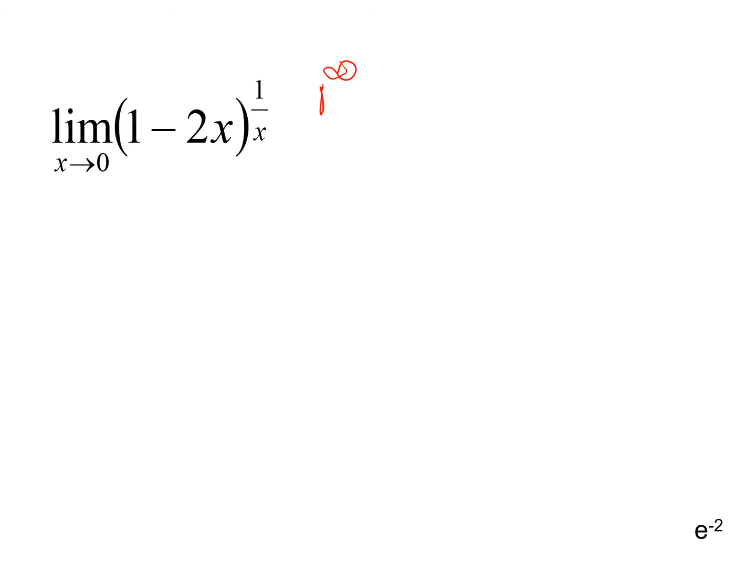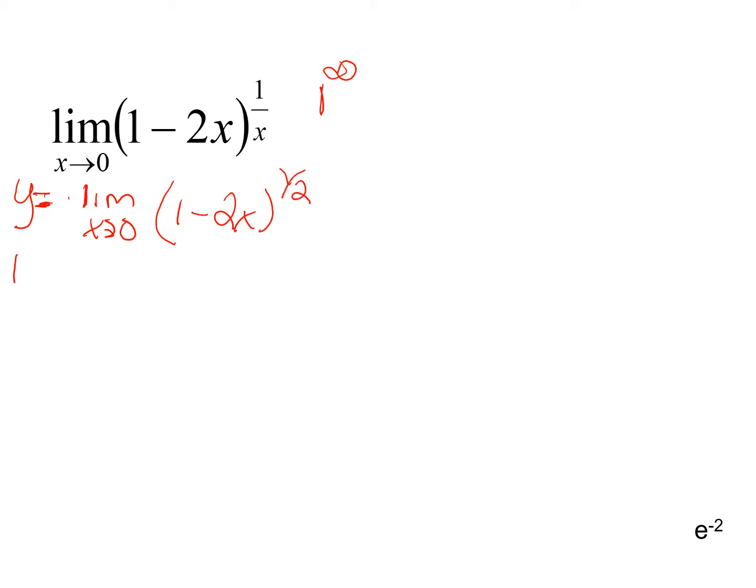We're going to start by doing logarithmic differentiation. We set y equal to the limit as x approaches 0 of 1 minus 2x to the 1 over x.